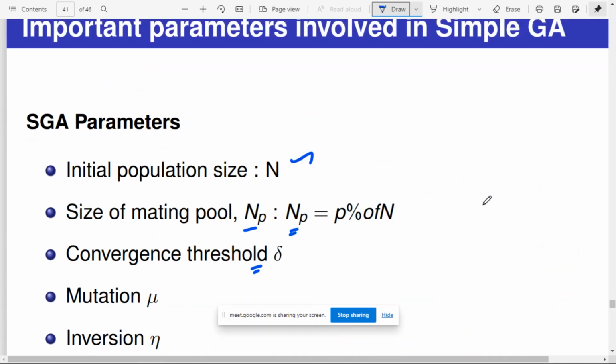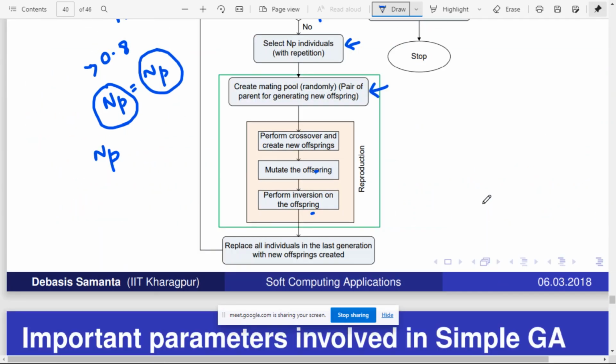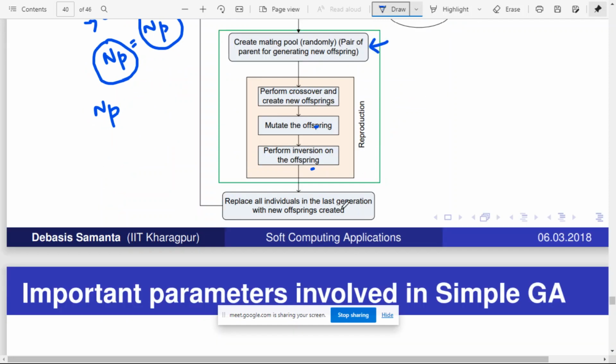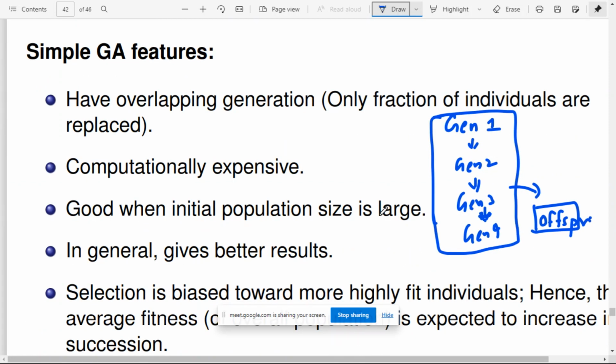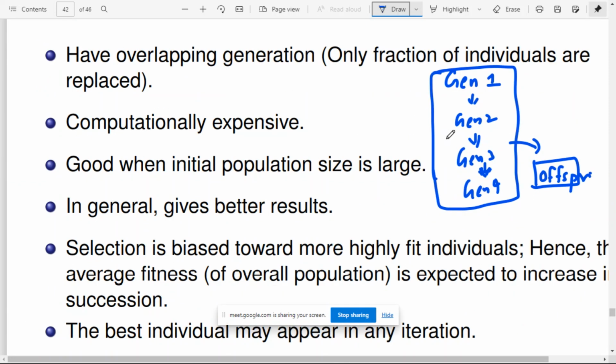If you recall from the flow chart, the new offsprings won't replace the entire population; they will replace all individuals in the last generation. So assume the initial population contains generations 1, 2, 3 and 4.